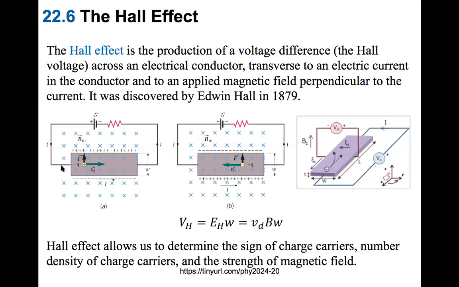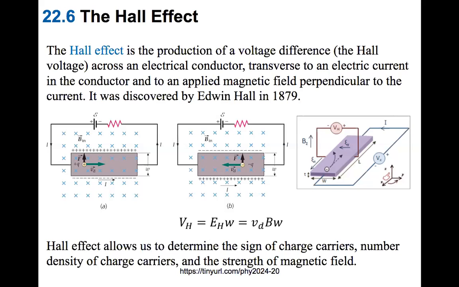Then the charge carriers inside the conductor will experience a magnetic force. You can use your right-hand rule to determine this. Your thumb goes along the direction of the velocity, and your forefingers go in the direction of the magnetic field.